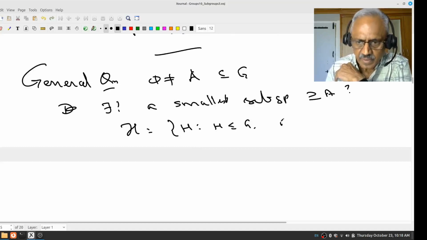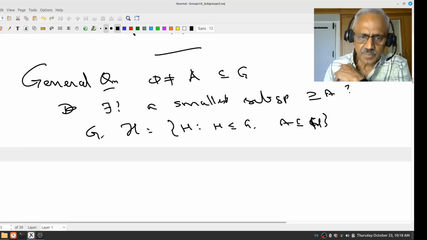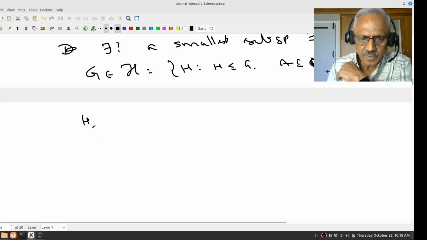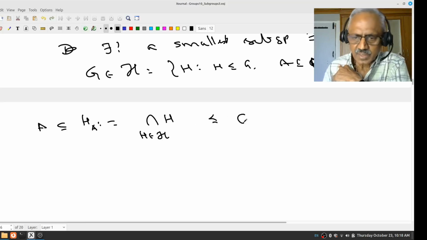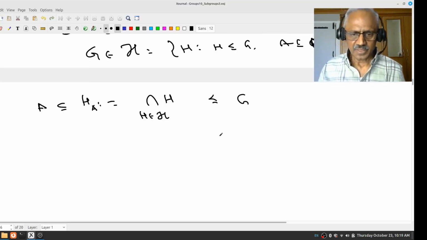Let us look at the collection of all subgroups H of G such that A is a subset of H. This is non-empty because G belongs to it, and therefore the intersection, which let me denote by H_A, is the intersection of all such H in script H. This will be a subgroup, A will be a subset of it, and this is by definition the smallest subgroup. Is that clear? Okay, I am going fast.